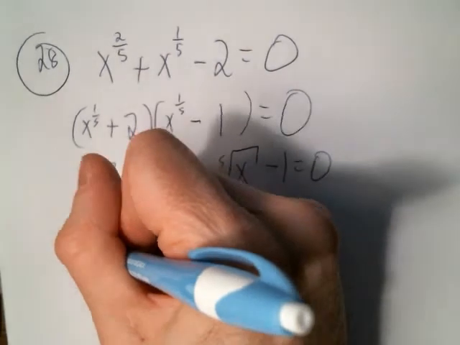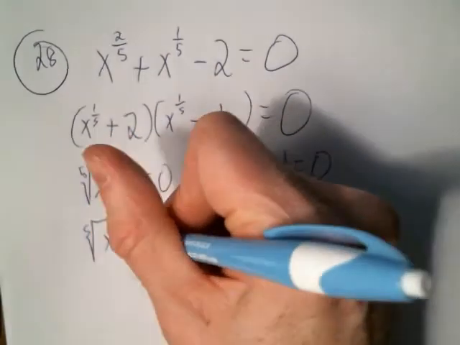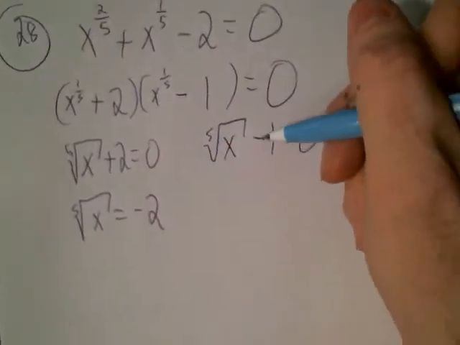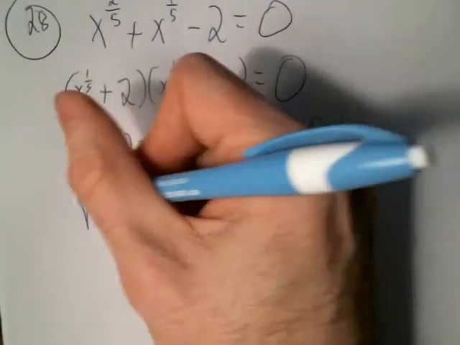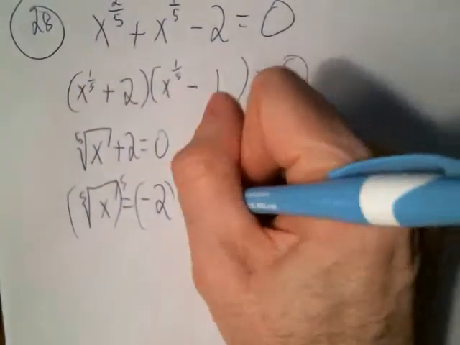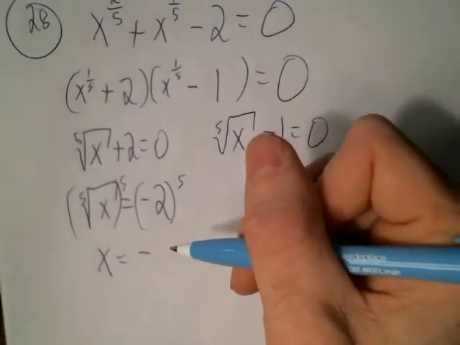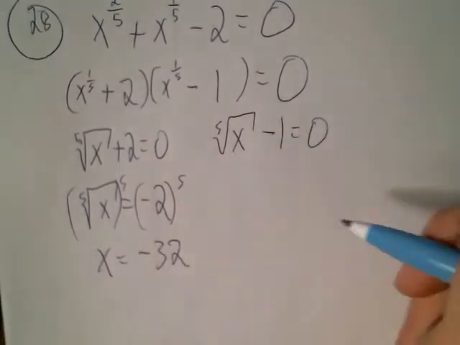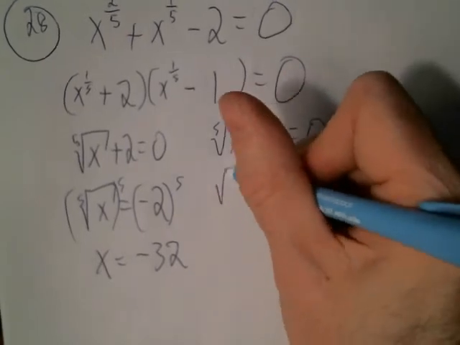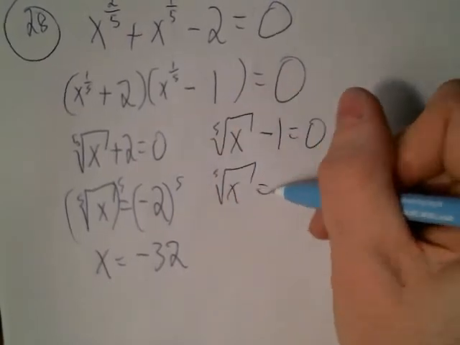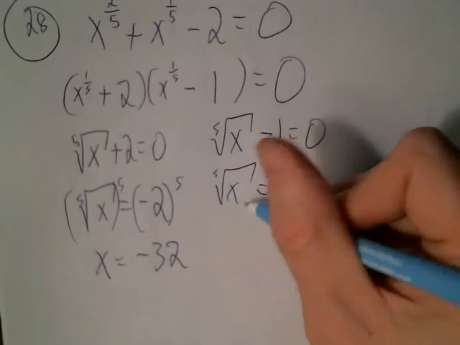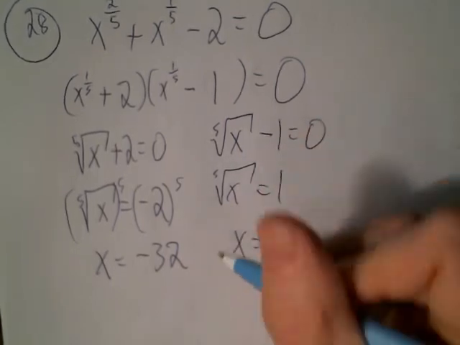Right, so isolate the 5th root of x, and then take the 5th power on both sides. So you'll have x is negative 2 to the 5th, which is negative 32. Over here, the 5th root of x is 1. Take both sides to the 5th power, and so x is just 1.